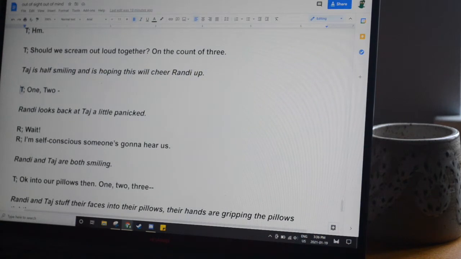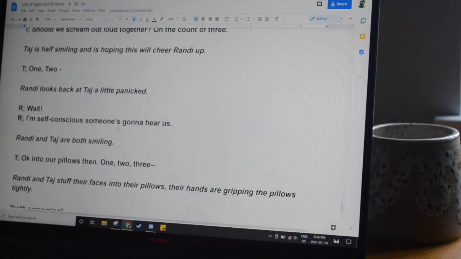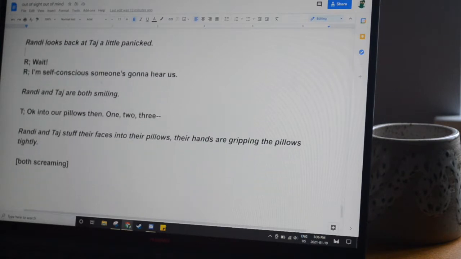Taj. 1, 2. Randy looks back at Taj a little panicked. Wait! I'm self-conscious someone's going to hear us. Randy and Taj are both smiling. Taj. Okay, into our pillows then. 1, 2, 3. Randy and Taj stuff their faces into their pillows. Their hands are gripping the pillows tightly. And then screaming. And that's the end of my story.